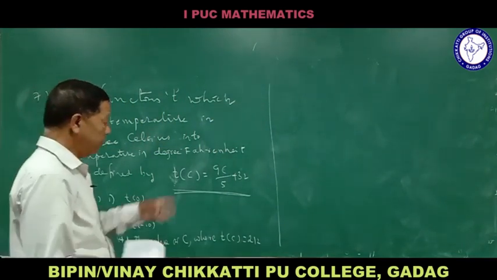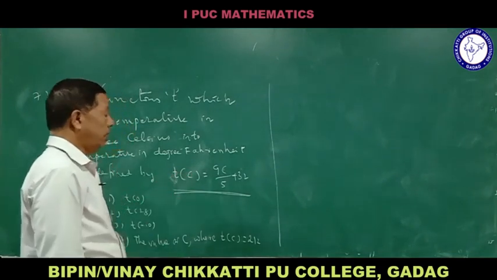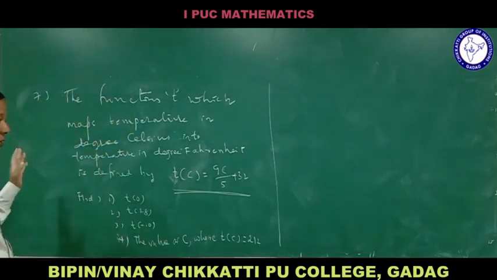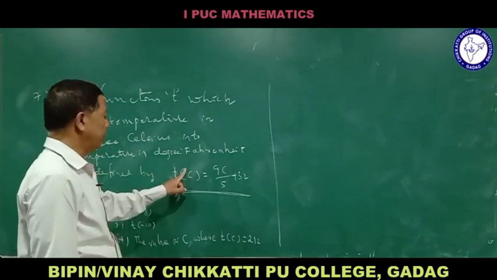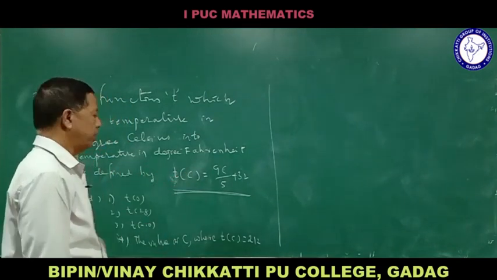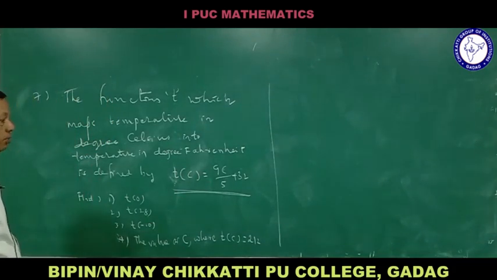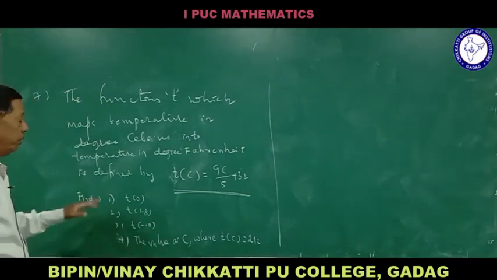Earlier we used the function f, here the function is T, and accordingly you can understand how it is converted.